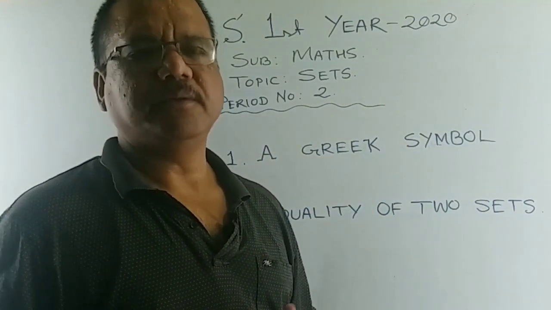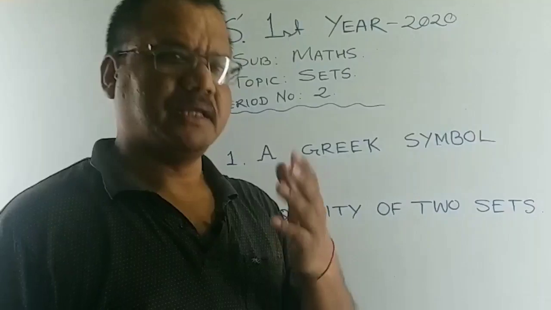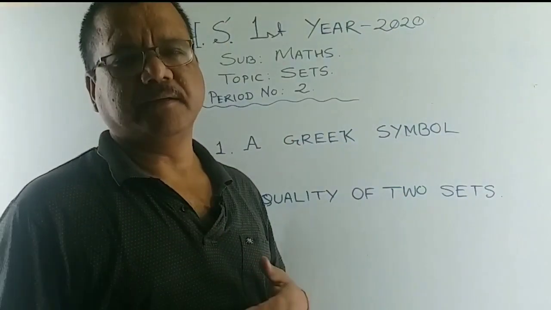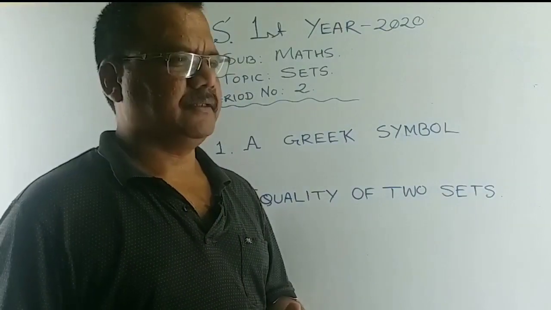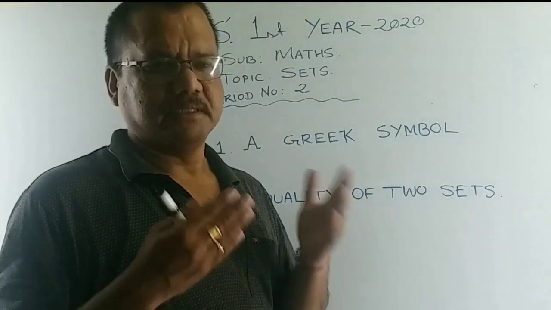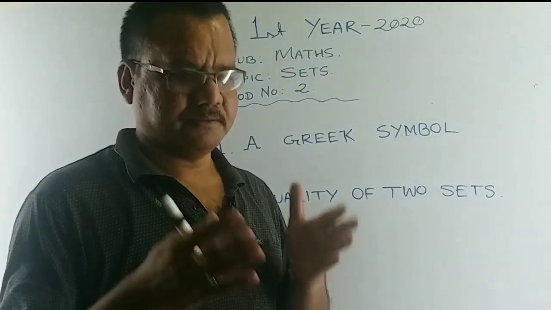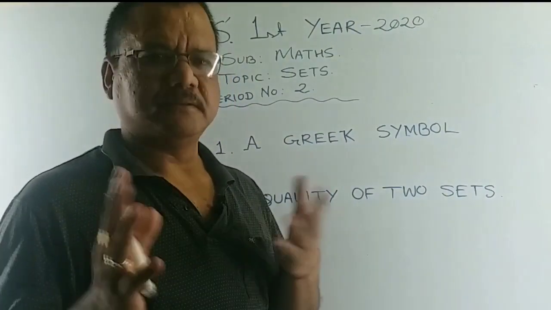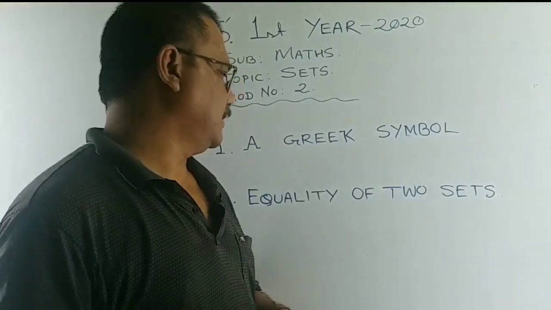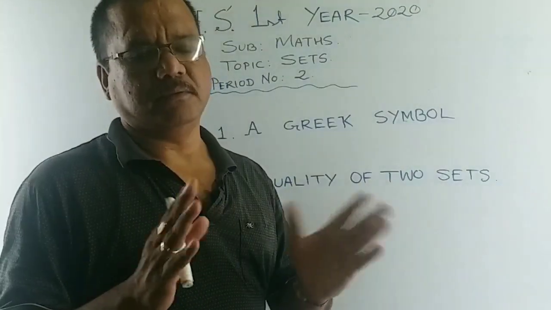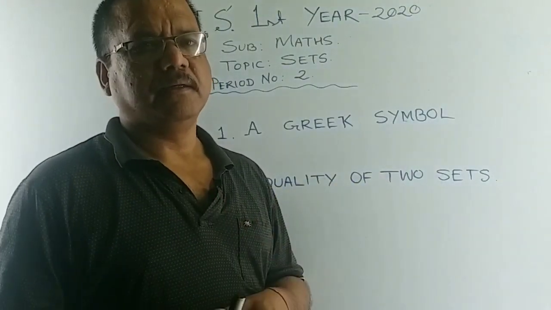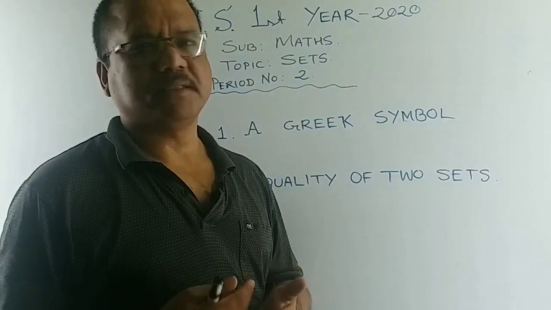We have already met many Greek symbols, and in addition we will get one more, and see how it behaves and how it is applicable to our chapter, sets. One more point is the equality of two sets. When two sets become equal, that property will be discussed today.